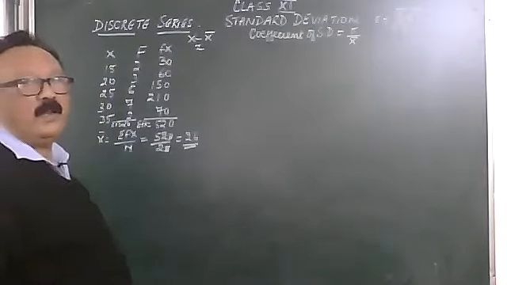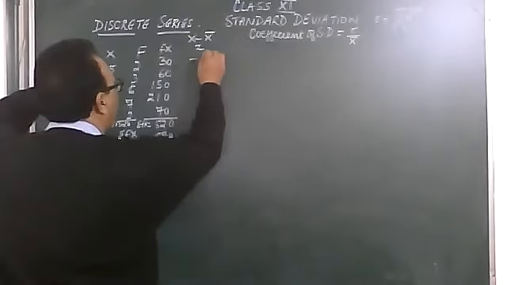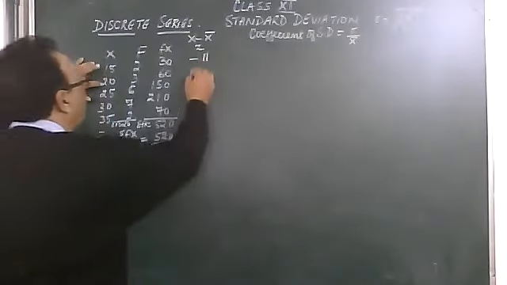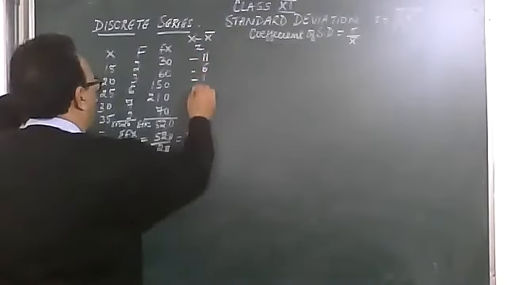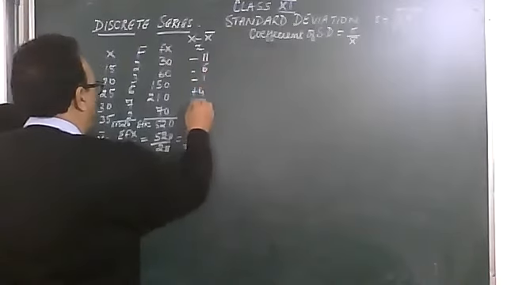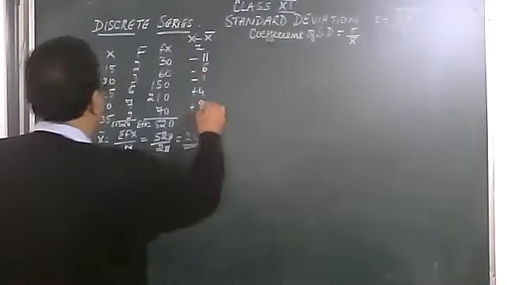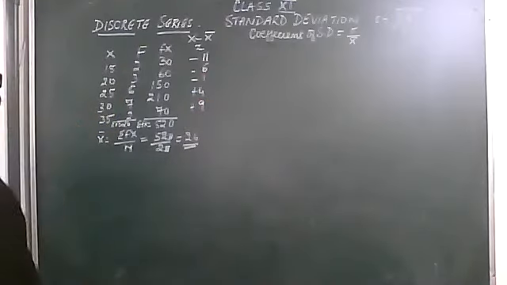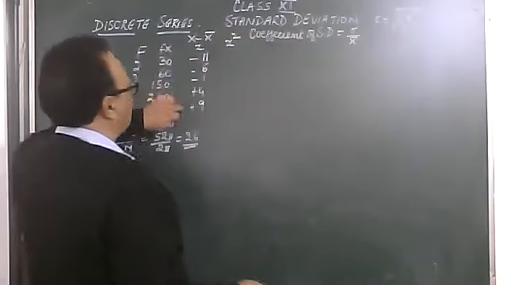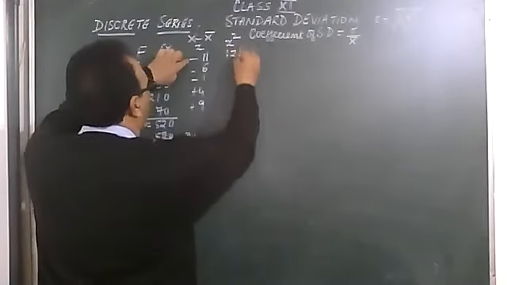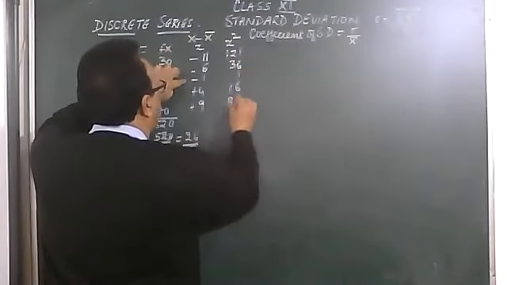Now find the deviations. 15 minus 26 is minus 11, minus 6, minus 1, plus 4, plus 9. Square this to remove the signs: 121, 36, 1, 16, 81.